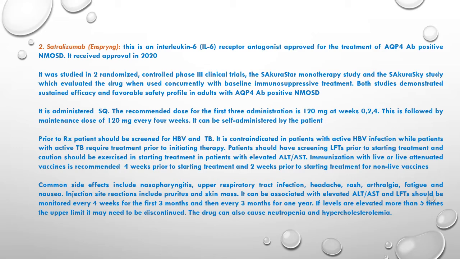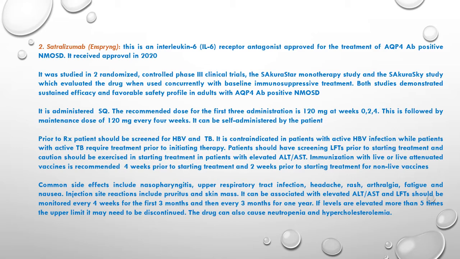It is contraindicated in patients with active hepatitis B virus infection, while patients with active TB require treatment prior to initiating therapy. Patients should have screening LFTs prior to starting treatment, and caution should be exercised in starting treatment in patients with elevated ALT/AST. Immunization with live or live attenuated vaccines is recommended 4 weeks prior to starting treatment and 2 weeks prior to starting treatment for non-live vaccines.